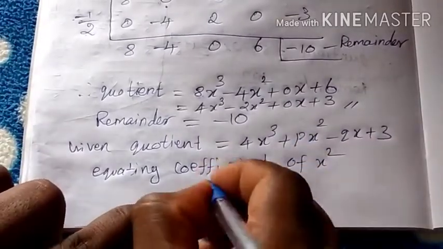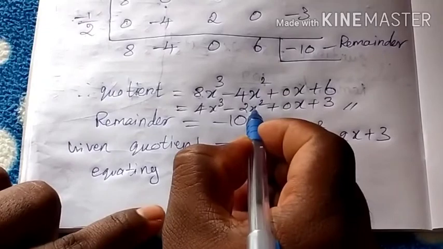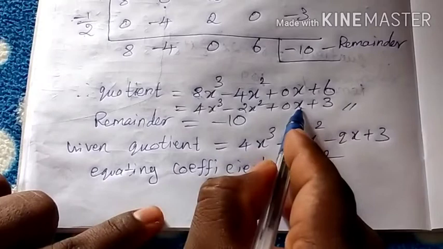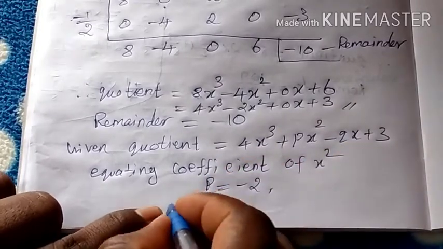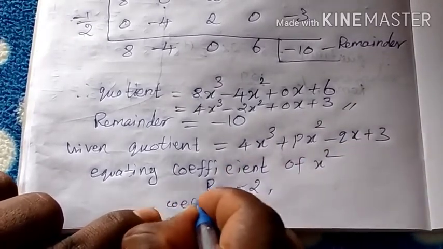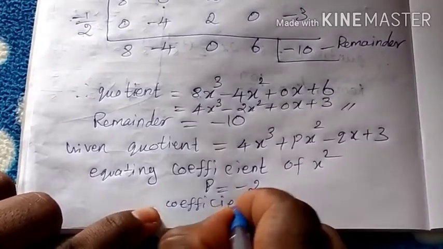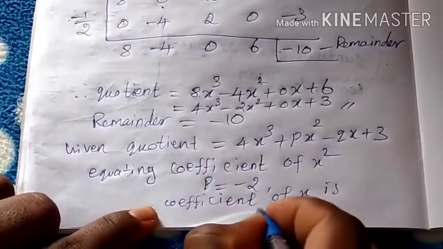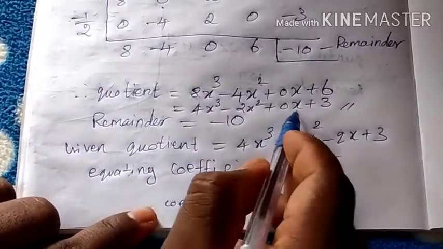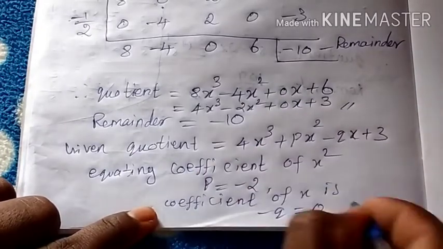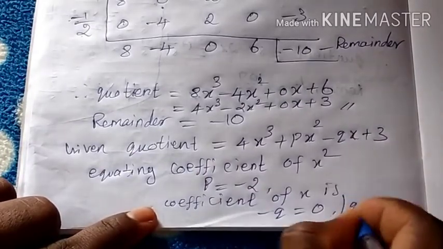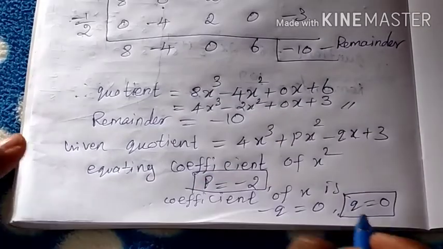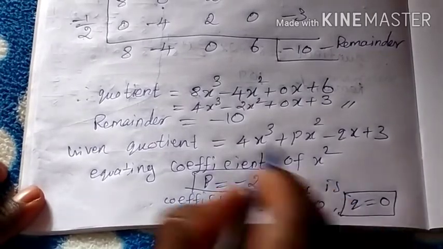Coefficient of x squared is p. The resultant coefficient of x squared is minus 2. Then equating the coefficient of x. Coefficient of x is here minus q. The resultant polynomial is 0. So q is equal to 0. p is equal to minus 2. Okay, I understood. Now we get the required values of p and q and the remainder.